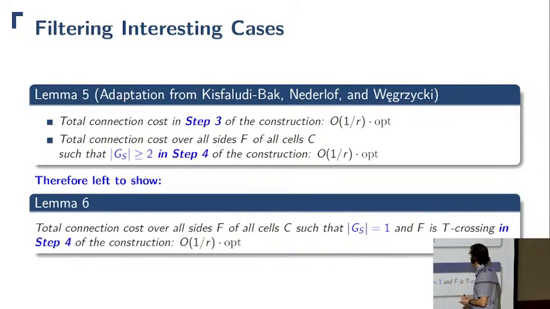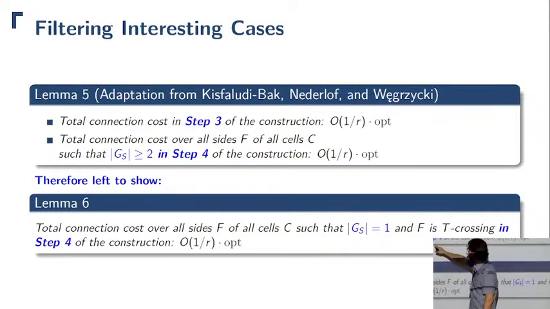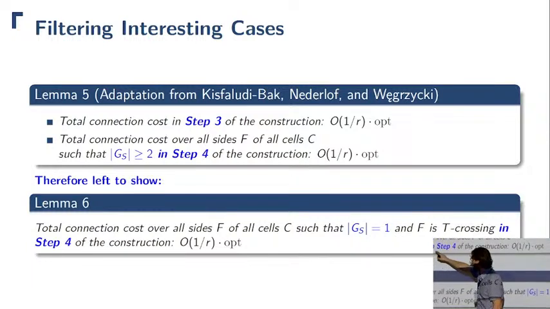If we have near crossings, step 3 was about near crossings, then we can deal with that. And crossings where GS is greater or equal to 2, they can deal with the crossings of step 4.